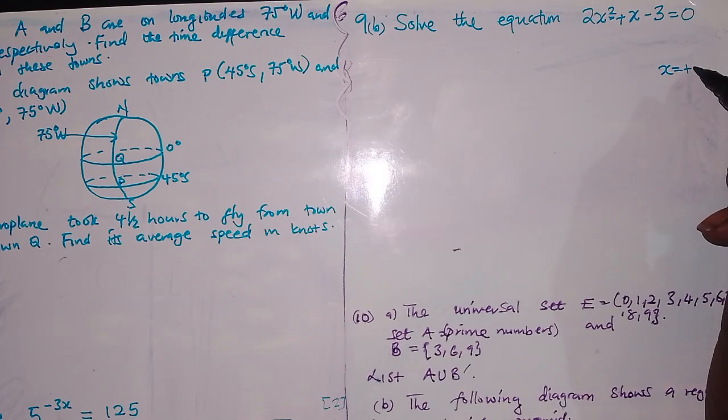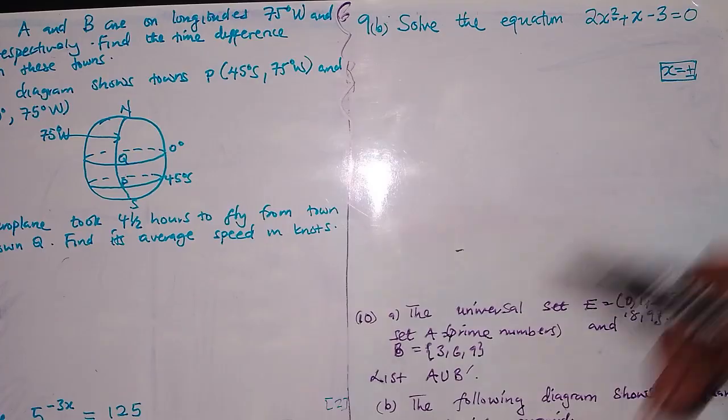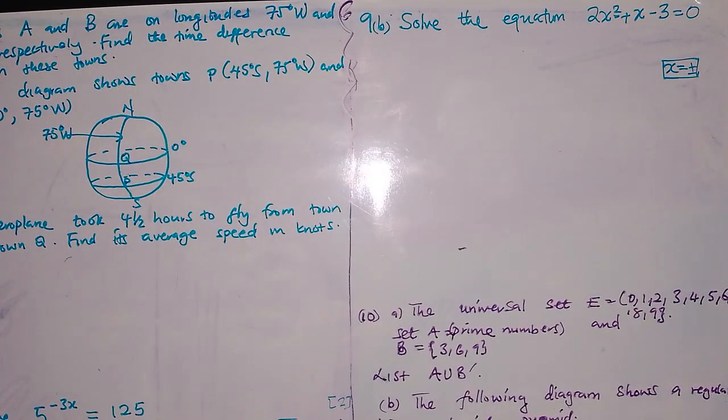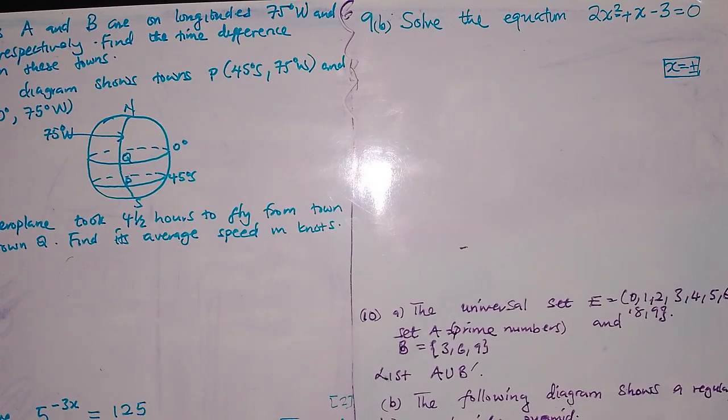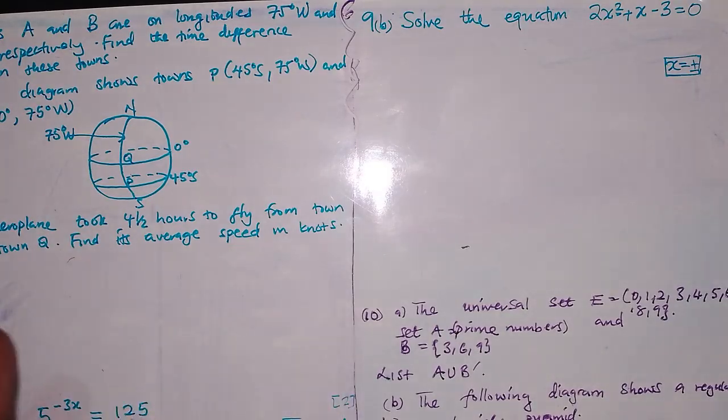You can either have positive or negative. Whenever you see a square, you need to have two answers, a positive answer and a negative answer.